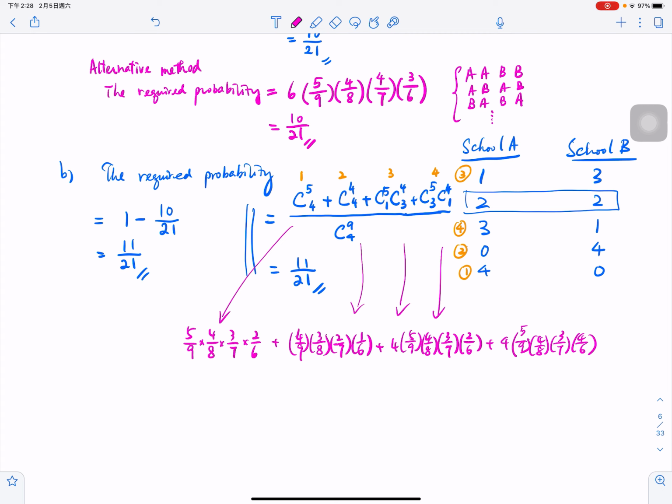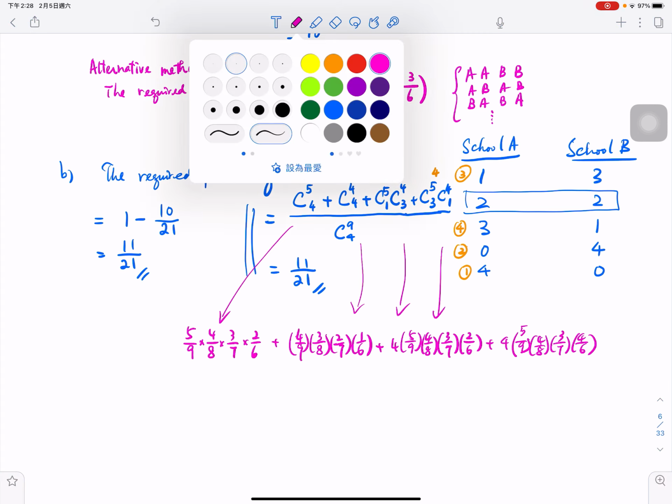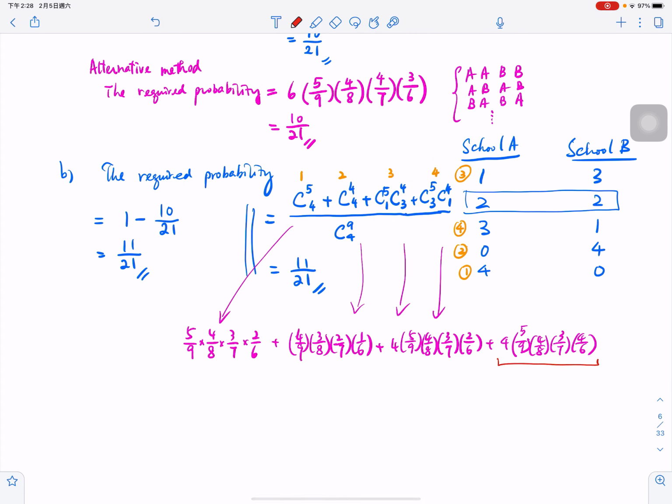Then you will wonder why we need to times 4. I just choose this one as an example. This one is B, A, B. Why is it times 4? The cases are A, B, A, B, A, and B, A. So all 4 of them have the same probability. So you need to times 4.